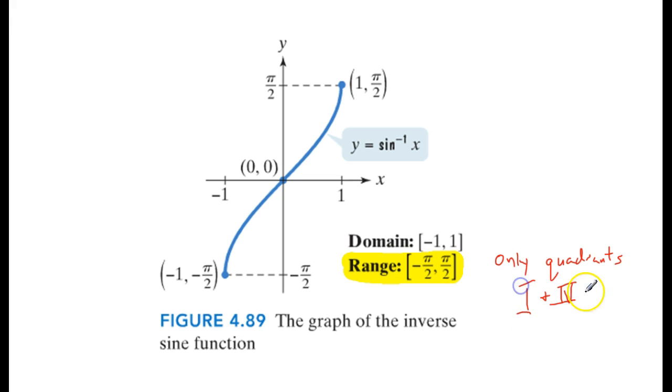Right, and in 4 it's negative. So these are just acute angles. It cannot produce an obtuse angle. We can't get an angle bigger than 90. It's either a negative acute angle or a positive acute angle, depending on which quadrant it falls in, 1 or 4.